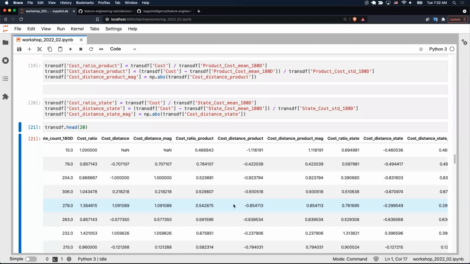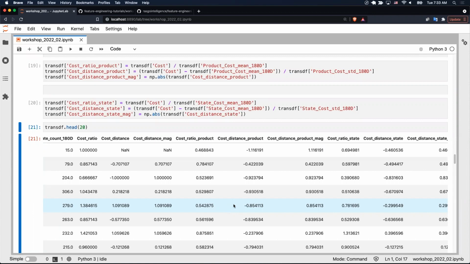I'm going to create a rolling window of a fixed size. In this case, for each transaction, it creates a rolling window of every transaction that occurred in the last 180 days. So if there was a transaction on the 1st of January, there would be a window including all transactions from the 1st of January back 180 days.